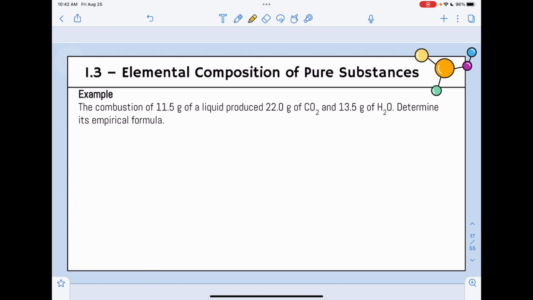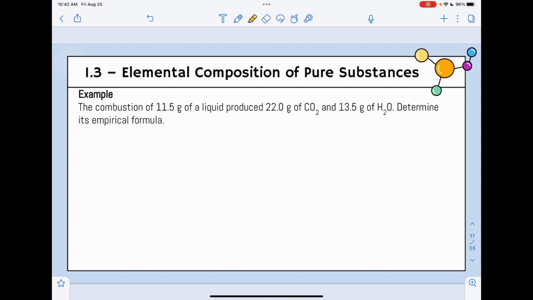Okay, for our last type of analysis, we have an example to go with a combustion analysis. So this example says the combustion of 11.5 grams of a liquid produced 22 grams of carbon dioxide and 13.5 grams of water. Determine its empirical formula.